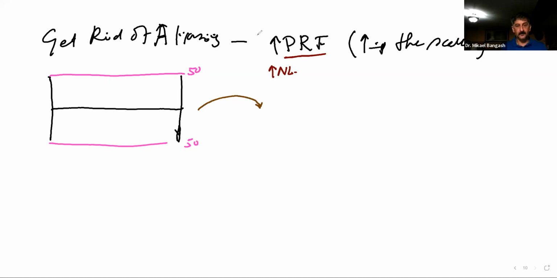So first, if we had a positive Doppler shift at this part here, it was missing because it was beyond the scale of our spectrum. It will show up as aliasing.